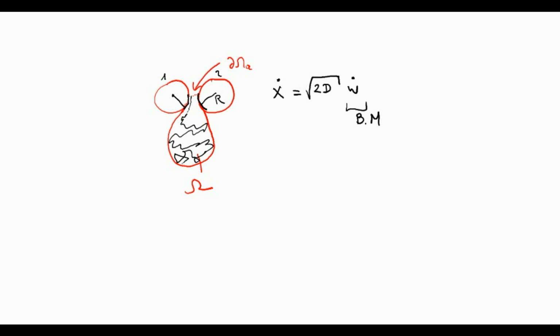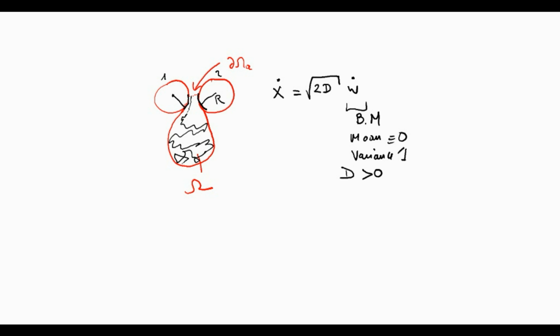It's a Gaussian variable of mean 0 and variance 1. And D is the diffusion coefficient, suppose positive.